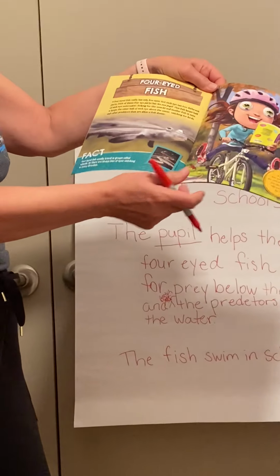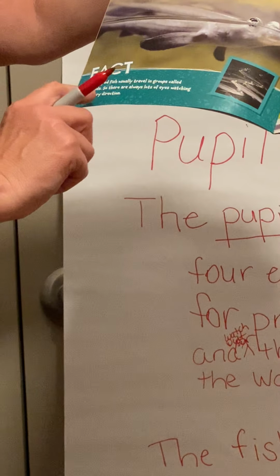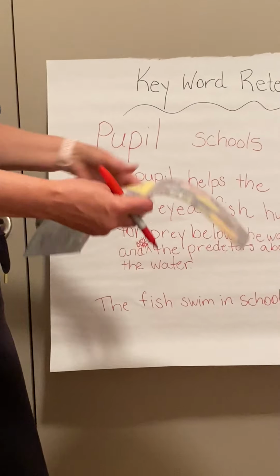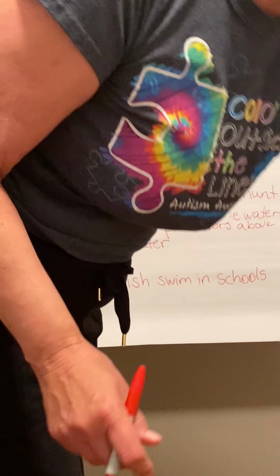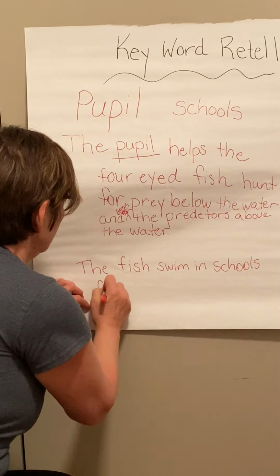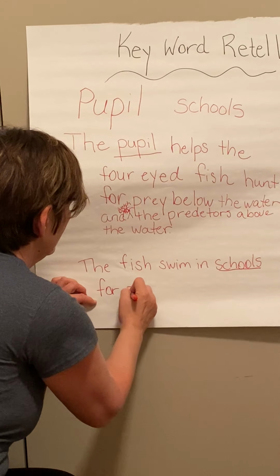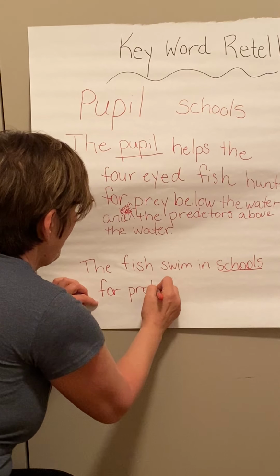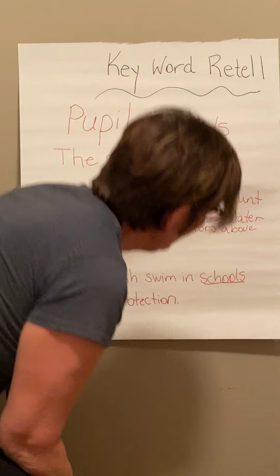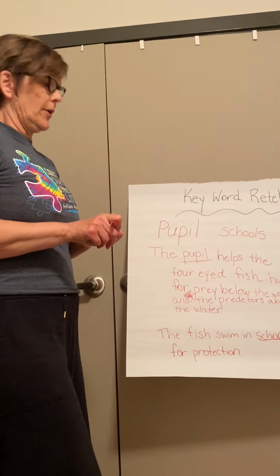Four-eyed fish usually travel in groups called schools, so there's always lots of eyes watching in every direction. So they swim in schools for protection. Here's our key word. All right, so we just retold what we read using two key words.